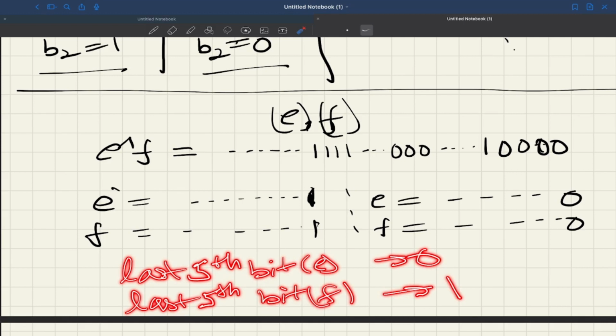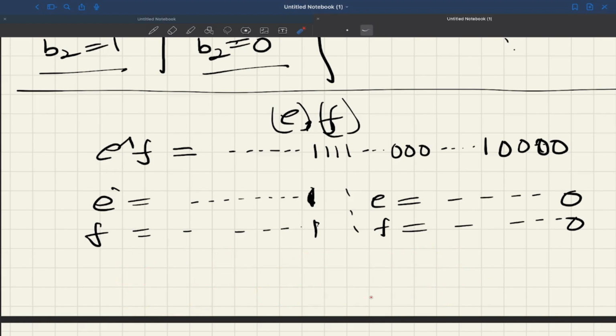Or it can be the opposite: the last fifth bit of E is 1 and the last fifth bit of F is 0, right? But one thing is sure, the last fifth bit of E and F are different. So I got 1 point of difference.